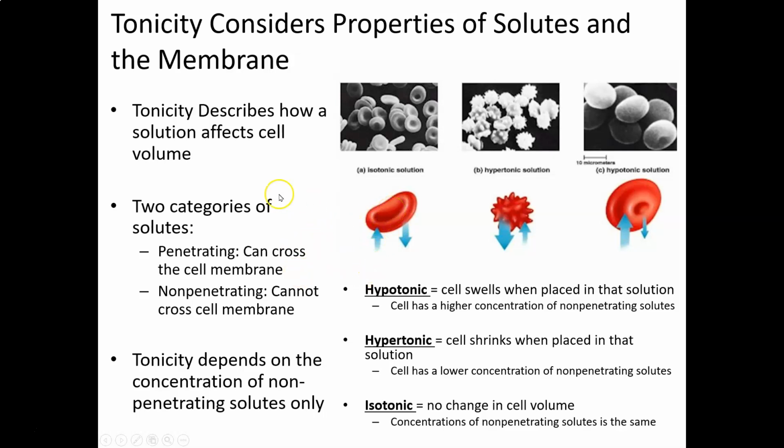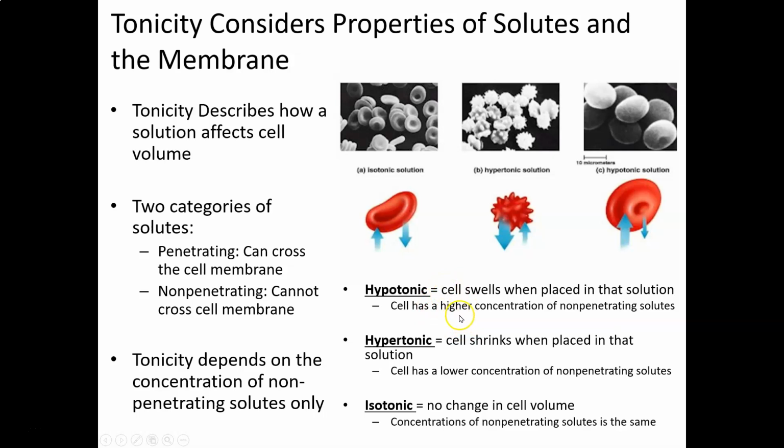When we look at tonicity, we have to remember two types of particles: penetrating, things that can cross the membrane, and non-penetrating, things that can't cross the cell membrane. And again, remember, water, even though it's polar, is freely movable across the cell membrane. And so when we look at tonicity, we're really talking about the concentration of non-penetrating solutes. And we'll work on some problems here eventually.